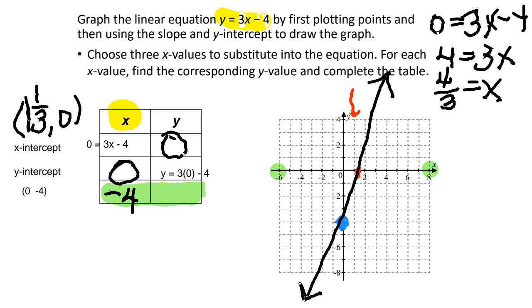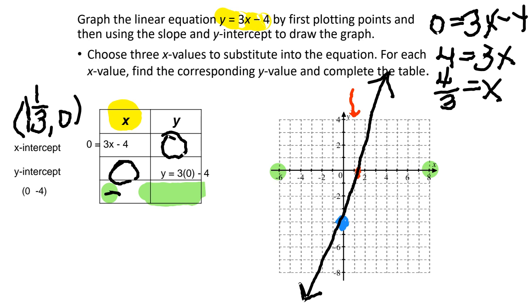Now, let's check. Oh, let's make it a little easier. I'm going to make this, instead of a -4, let's make it a -1, because that'll be easier to see. Okay.